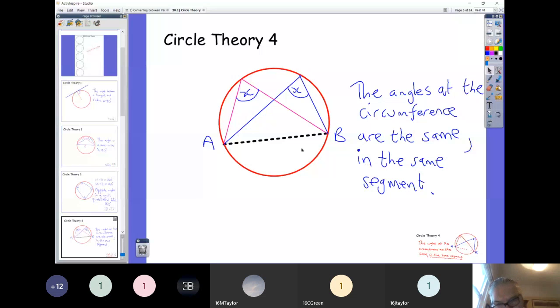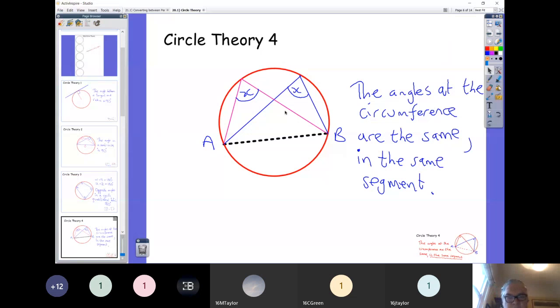However, if you start bouncing down here, so you go A down to here and up to B, and A down to here and up to B, they're all going to be the same, but they're going to be a different angle. You can see they're all going to be bigger angles. So they're all going to be the same down here, A to the circle to B, in that segment.